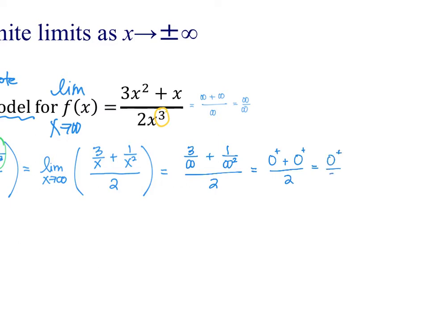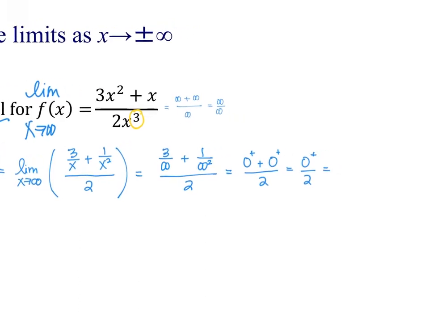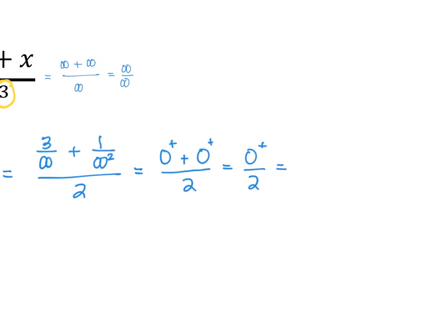Now we have 0, but it's not in the denominator, it's in the numerator, and 0 in the numerator is fine. That will give me 0 plus, because as long as 0 is in the numerator and not in the denominator, 0 divided by something is 0.